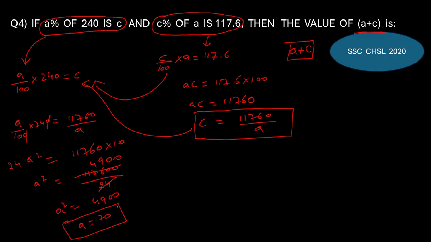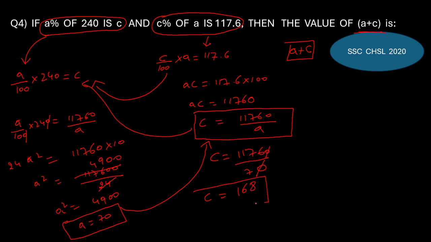From this I have got the A value, and I'll substitute it in this equation to find the value of C. C equals 11760 upon 70. The 0 gets cancelled. 7 ones are 7, 7 sixes are 42, and 7 eights are 56. C equals 168. This is not the end, guys.